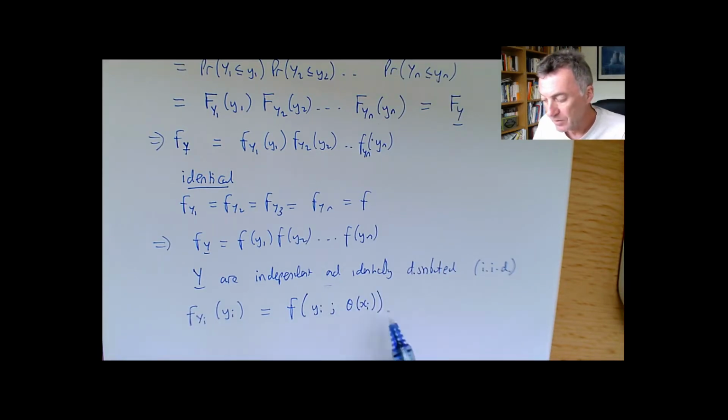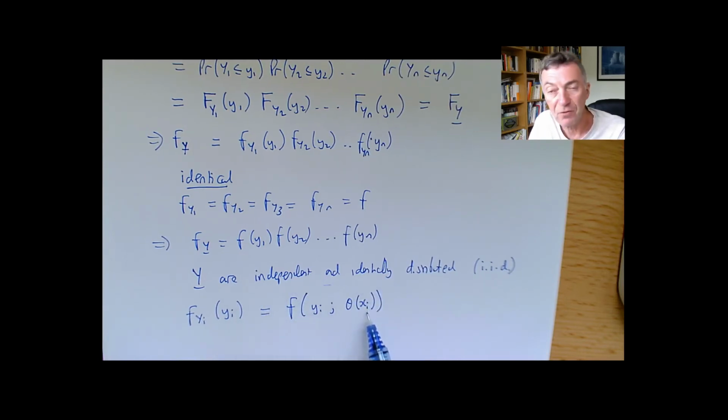These other variables could be something like your gender, your sex, or different aspects that you think might affect your height. So these are explanatory variables that control this distribution. It comes from the same sort of distribution, f, but this distribution now has parameters that can vary depending on x. This is a more flexible thing. We're still assuming everything's independent, but we're not assuming they're identical. We're assuming the x's can control the distributions.